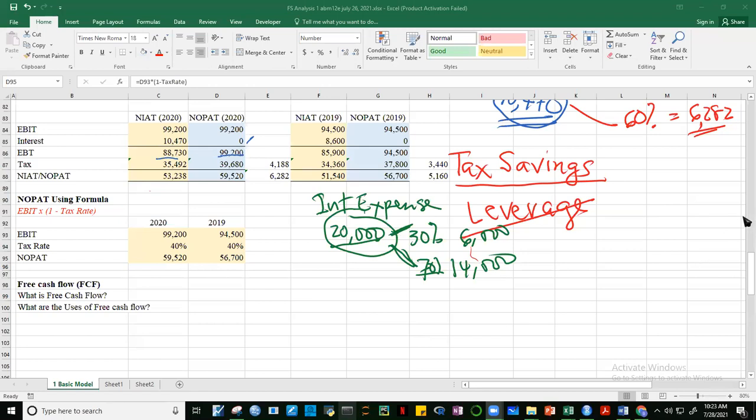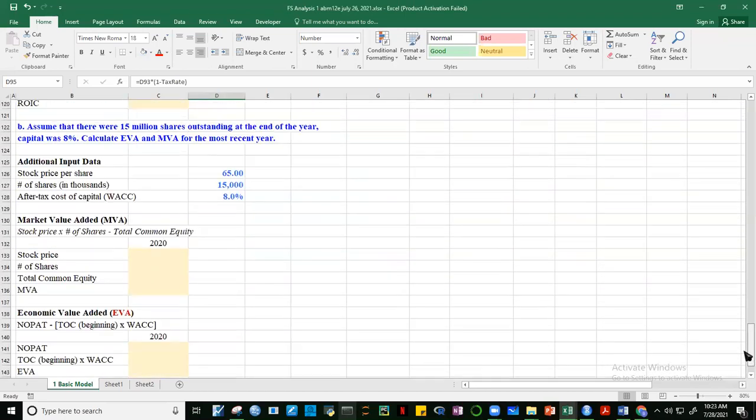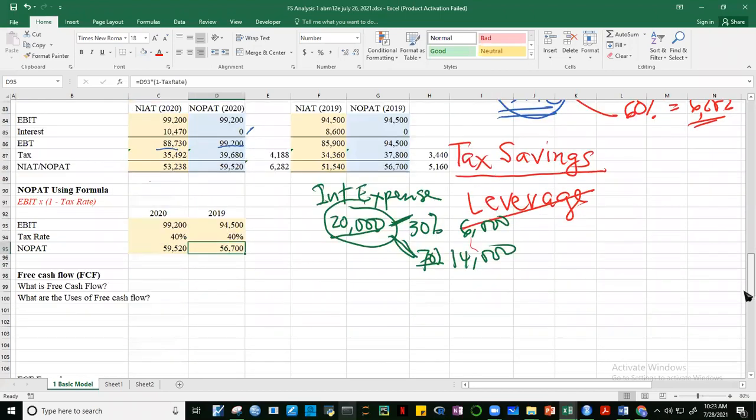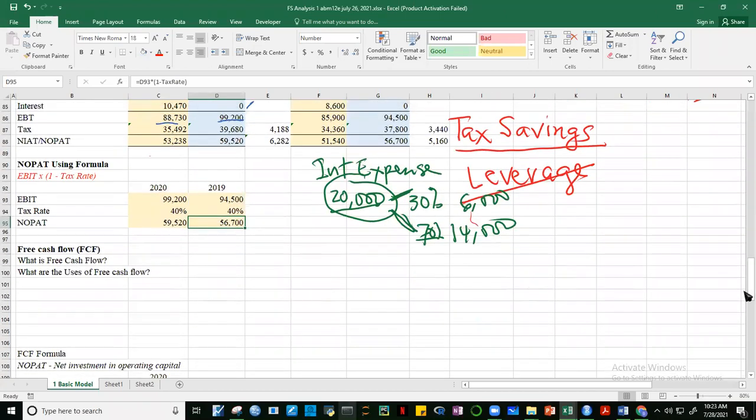Okay, so I think most of you have already gotten this. Okay, so let's go now to this very important measure. I'm not sure kung tatapusin natin lahat. Let's see. Free cash flow, guys. Ano yung free cash flow? Okay, so let me define what free cash flow is.